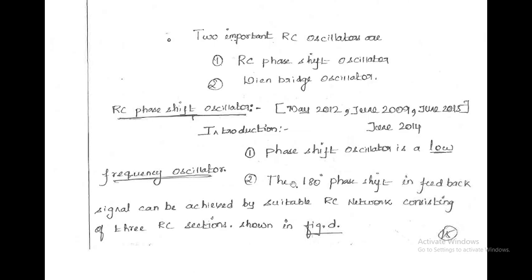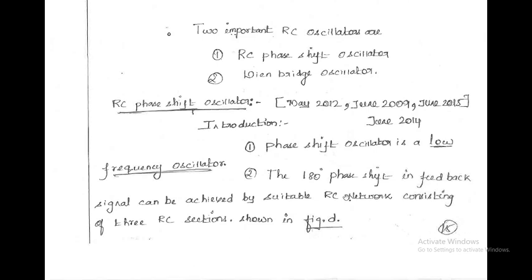So the amplifier produces a 180-degree phase shift and the feedback network provides again a 180-degree phase shift. So the total phase shift can be given as 360 degrees. Now you can see the 180-degree phase shift in the feedback signal can be achieved by a suitable RC network consisting of three RC sections.